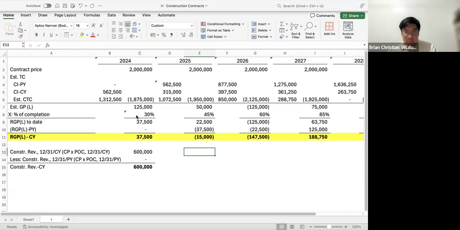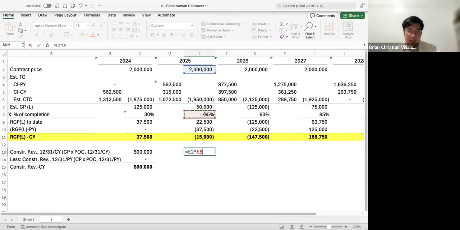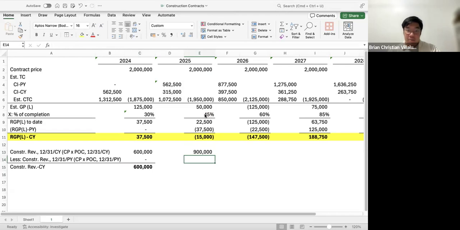For 2025, construction revenue at the end of 2025, that's 2 million times 45%. Then, pagdating dun sa construction revenue ng PY, simply kunin nyo na lang yung kinompute nyo dito last year. Di ba? Yan. So, magkano ang construction revenue CY natin for 2025? 300,000.